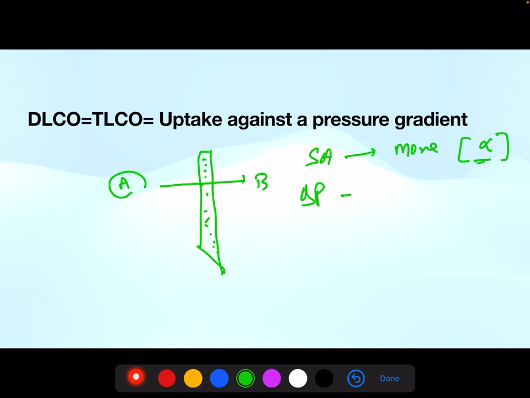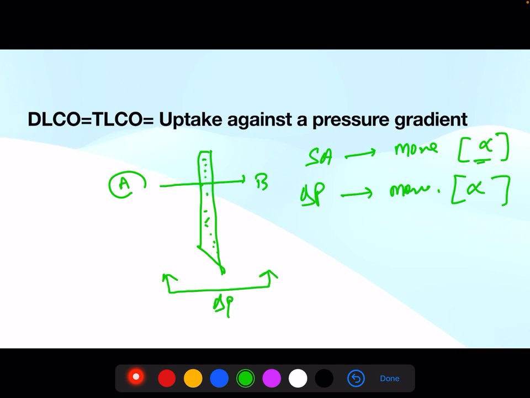Let us consider delta P is the pressure gradient between these two sides. The more the pressure gradient, the more the diffusion, so it is also directly proportional. Then comes solubility. The more soluble a substance, the more chance of diffusion, so it is also directly proportional to the solubility.